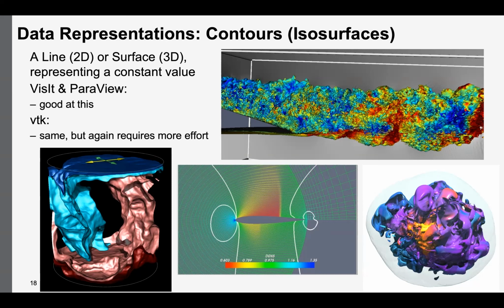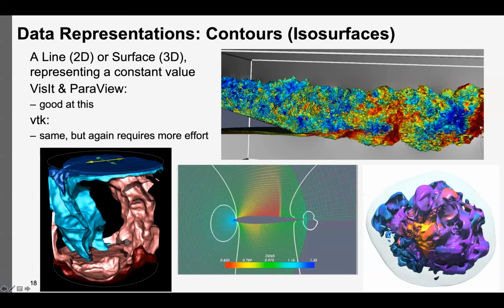So, for example, in this example on the left, there are multiple isosurfaces, and each of the different colors is colored by the same value as the isosurface. So there are 4 different surfaces here, and they represent 4 different values in this case.